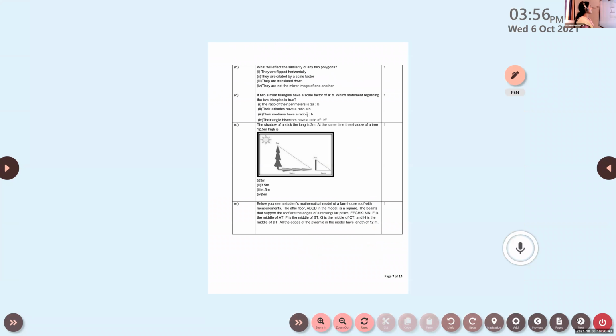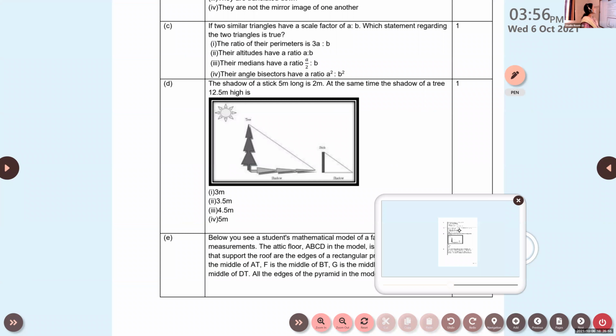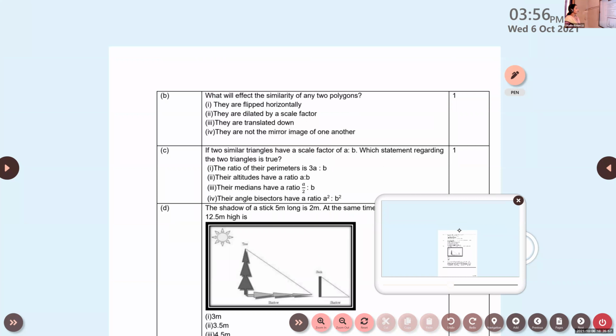Now look at the next set of questions. What will affect the similarity of the polygons?